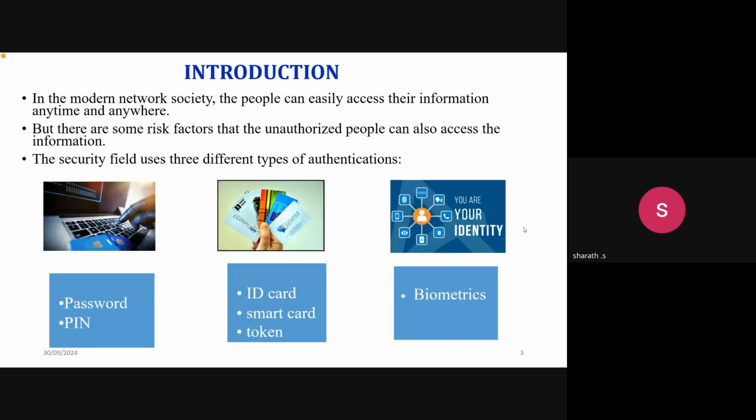Introduction. In the modern network society, people can access their information anytime, anywhere, but there are some risk factors where there can be unauthorized access. The basic types of authentication methods are using your password or PIN, using your ID, smart card, or token, and nowadays you are using biometrics. The traditional methods are password, PIN, ID card, smart card, token.